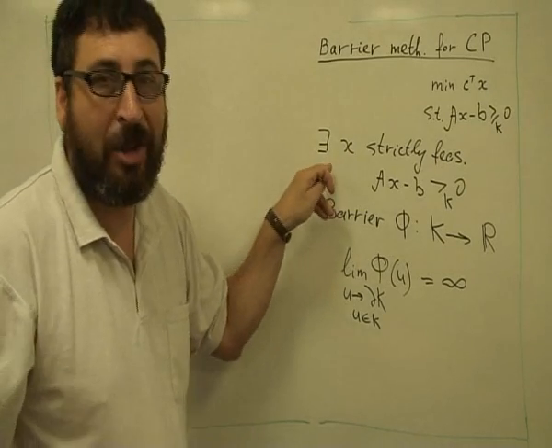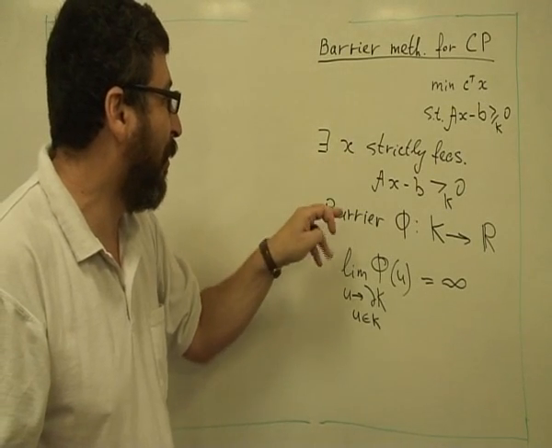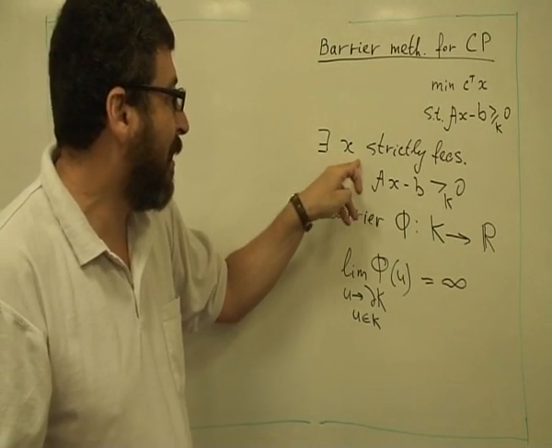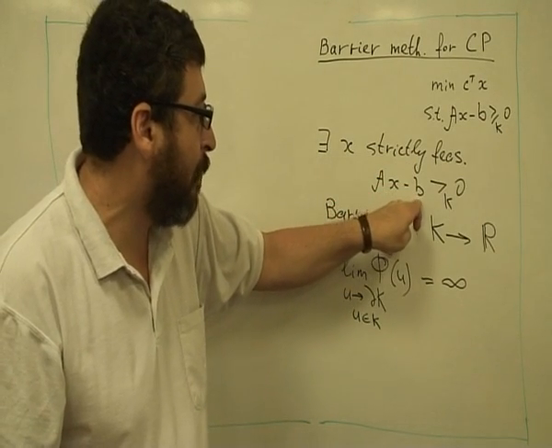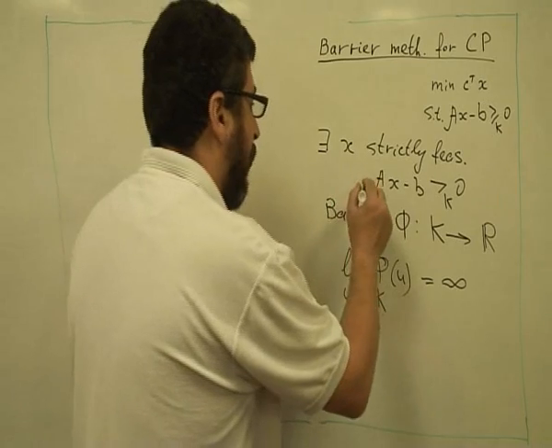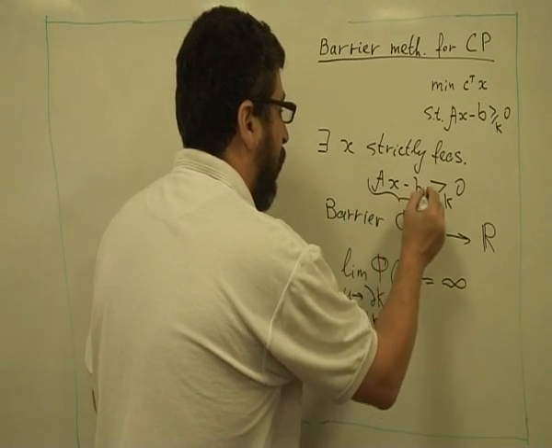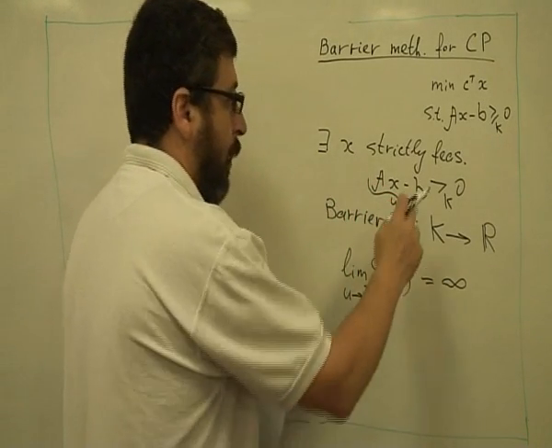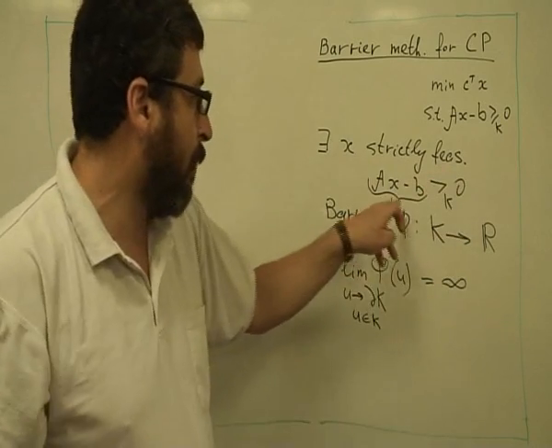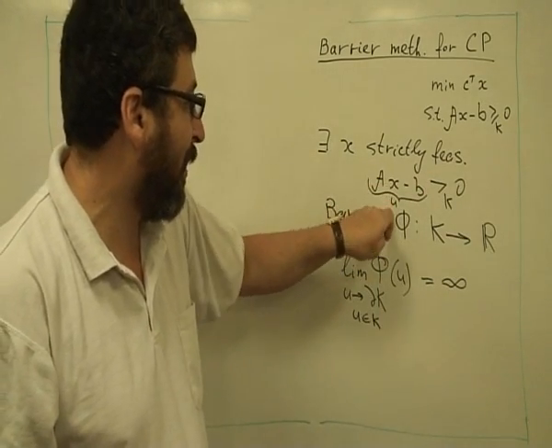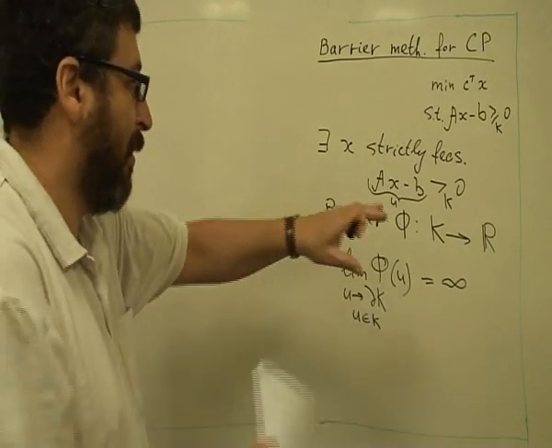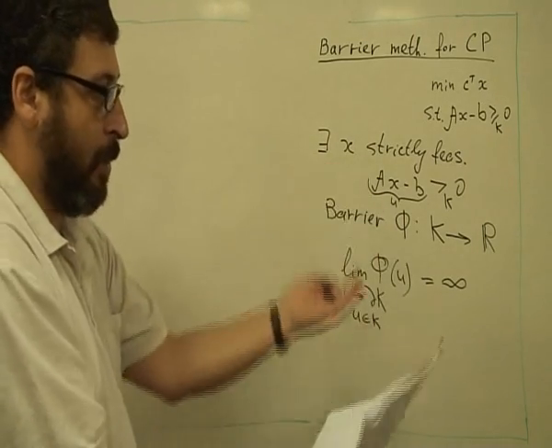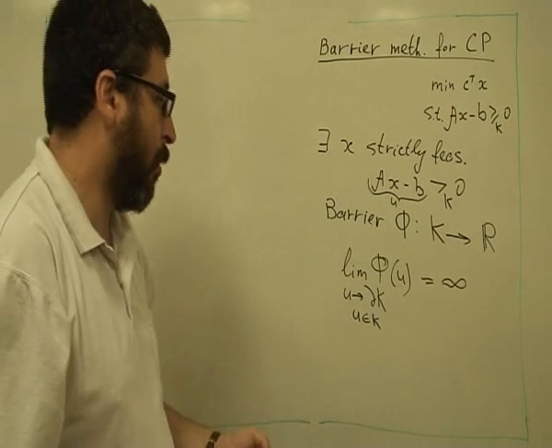The only correction to what I told before: x strictly feasible, then Ax minus b, I can denote this like u, it belongs to the cone. So the ball is not around x, but around u, which gives points belonging to the cone.